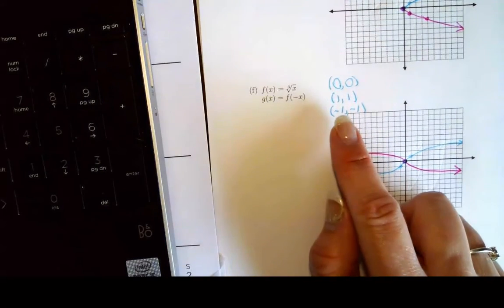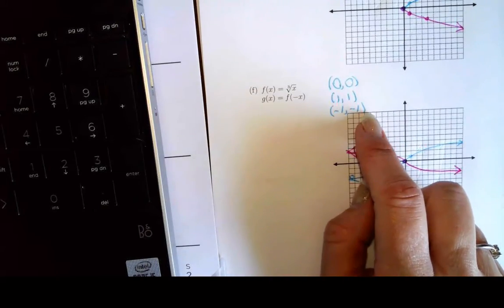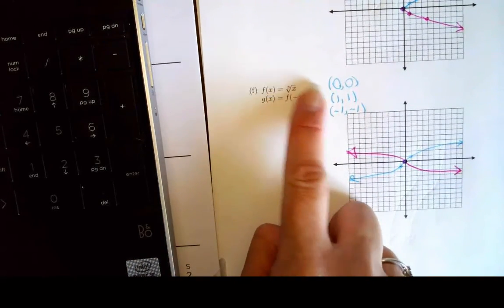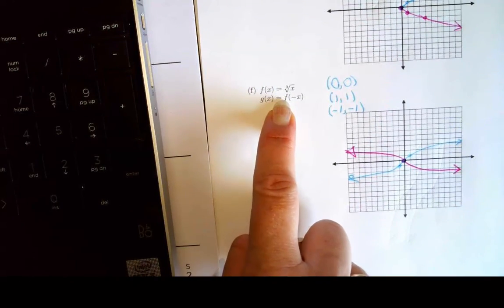So what that means is I'm going to change the signs on my x's, but they will produce the same y's. Notice that there's not a negative out front.